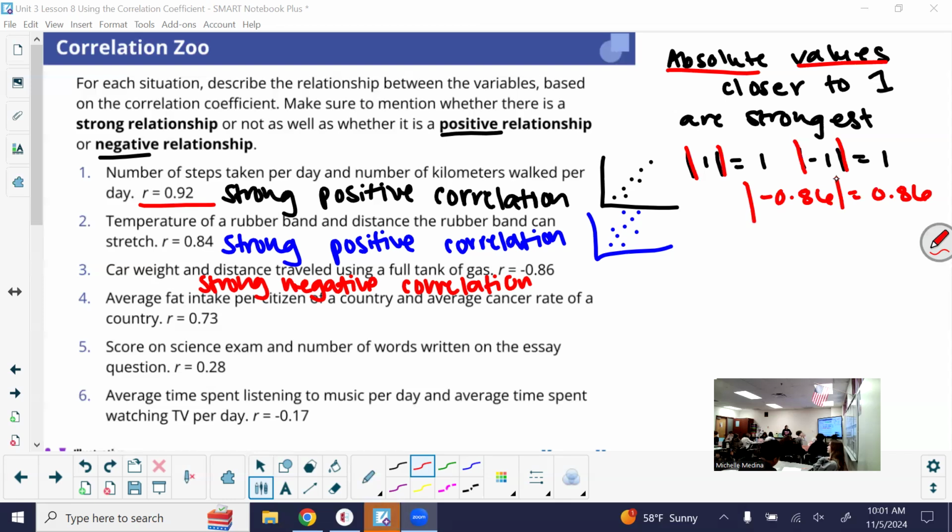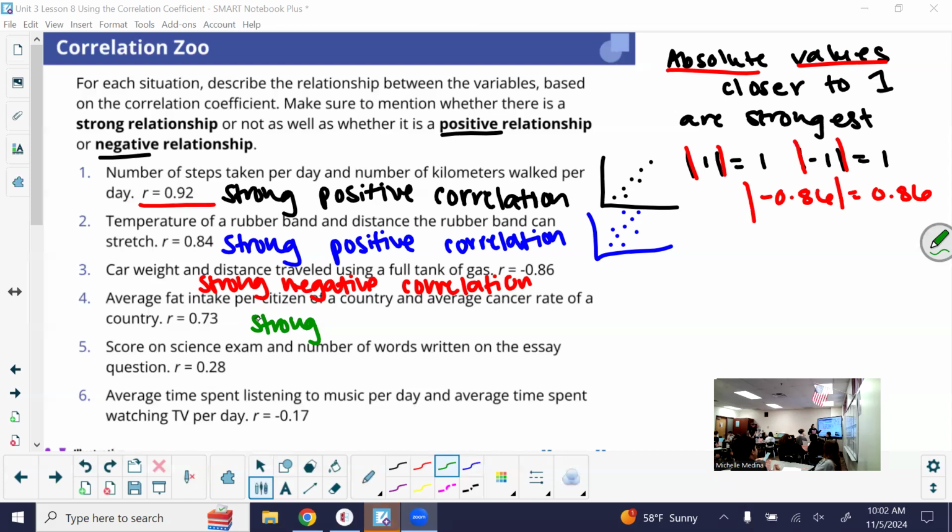Table 8, what about the average fat intake per citizen of a country and average cancer rate of a country? That R value is 0.73. So table 8, can you tell me strong or weak? Strong. And if you were just choosing between strong or weak, I would definitely lean more towards strong on that one.